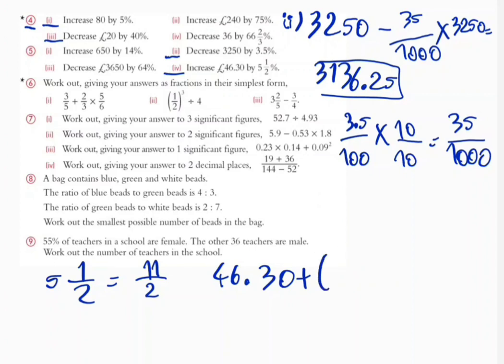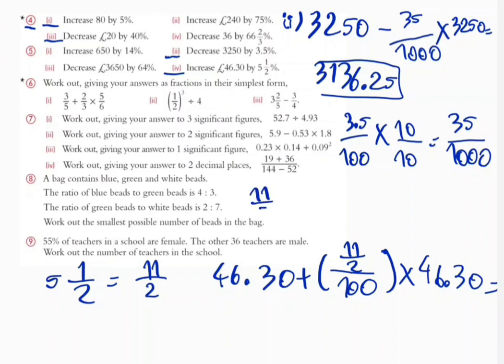Now 11 over 2 percent just means this fraction over 100, times the initial amount, which is 46.30. Remember that whenever you have a fraction in this form, fraction is just another way of saying division. So this just means 11 over 2 divided by 100.